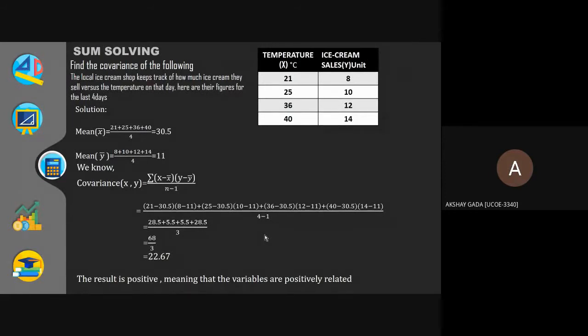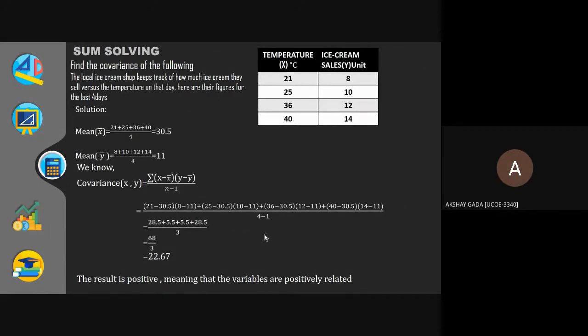To find covariance, first we need to find the mean of X and the mean of Y. For the mean of X, it will be the summation of all the data values of X divided by the total number of variables, which is (21 plus 25 plus 36 plus 40) divided by 4, which equals 30.5. Similarly, for the mean of Y, it will be (8 plus 10 plus 12 plus 14) divided by 4, which is equal to 11.